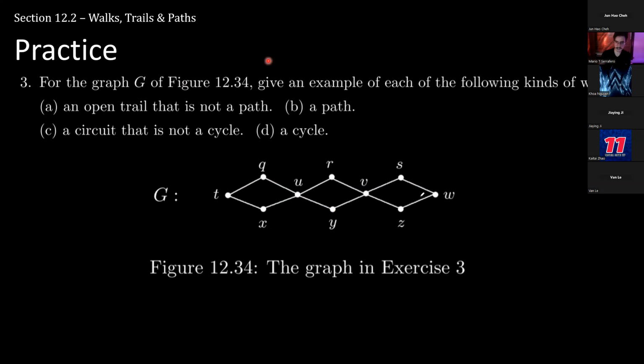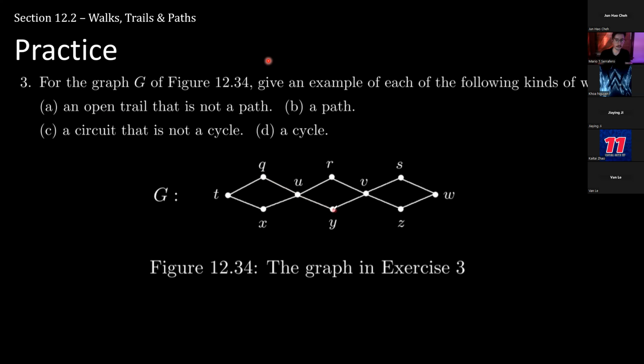Someone said Y, Q. Okay, so here again, guys, you always need to have adjacent vertices, right? So I cannot do YQ. I need to first do YU and then UQ. Do keep that in mind.